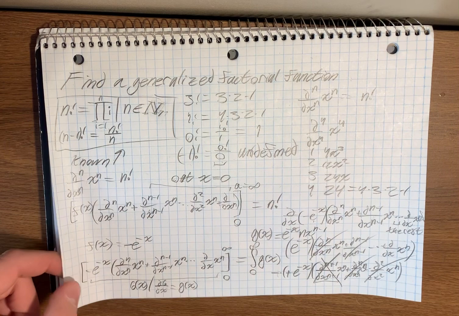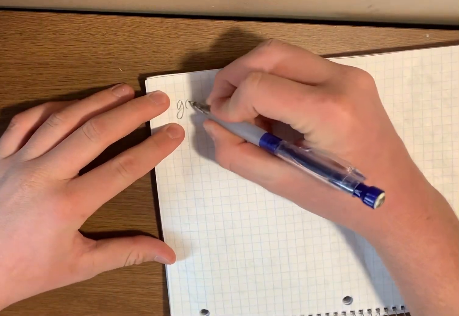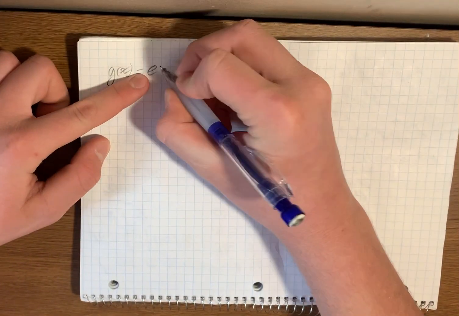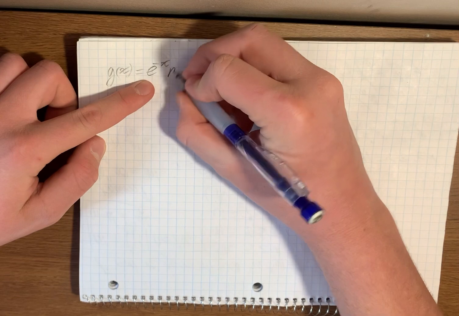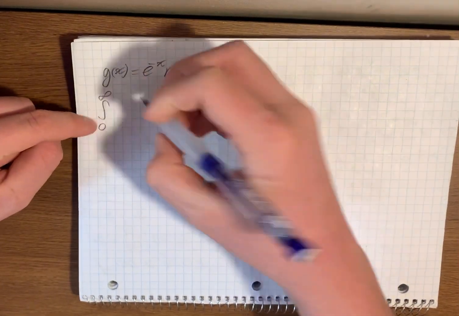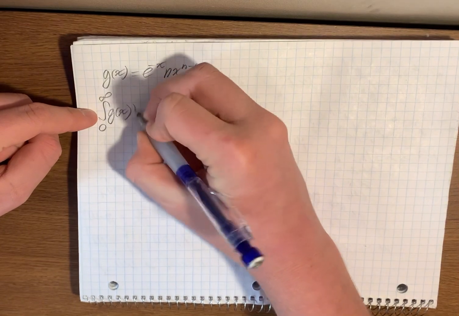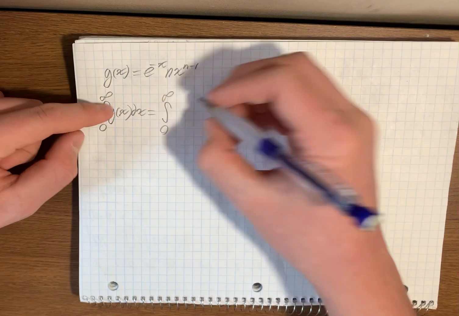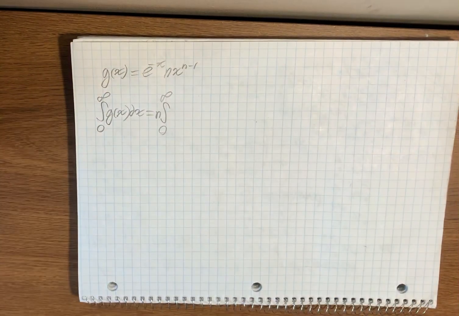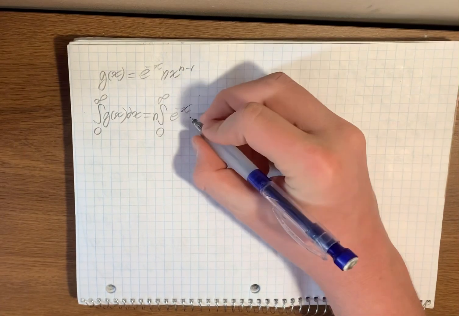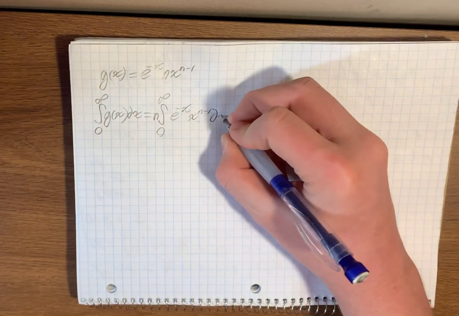So let's just continue this on another page. So we know that g of x equals e to the negative x n x to the n minus 1, and we need to find the integral from 0 to infinity of g of x dx, and we'll just factor out the constant n for now, the integral of e to the negative x times x to the n minus 1 dx.